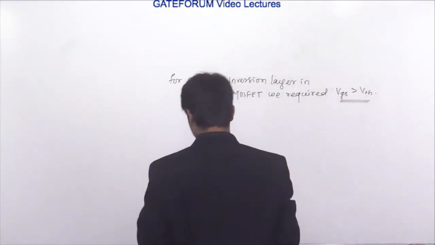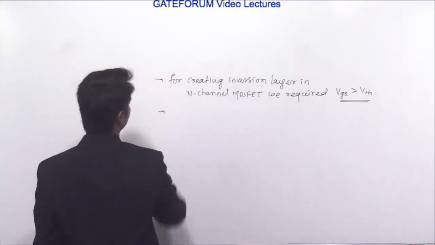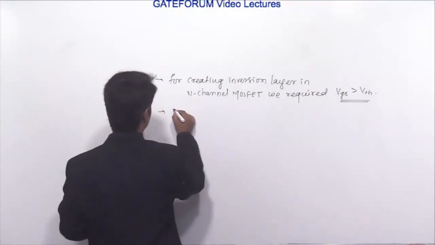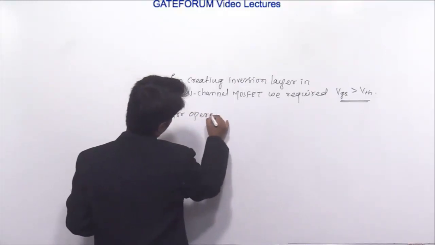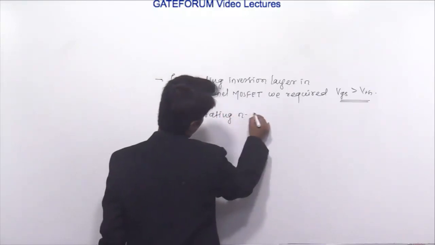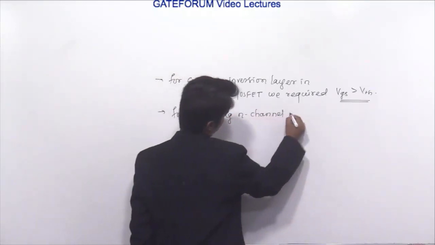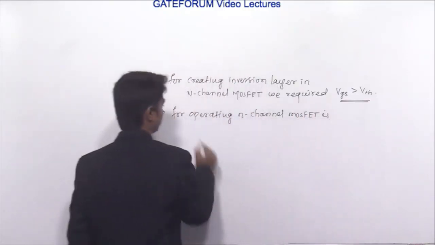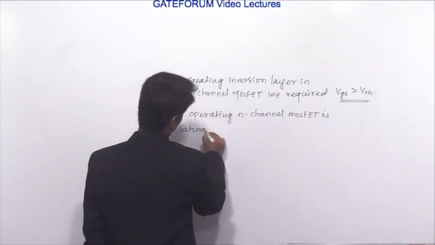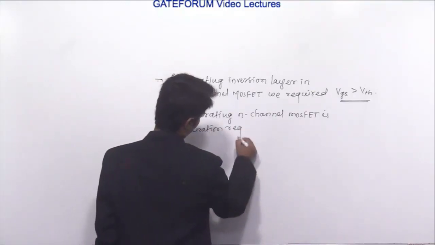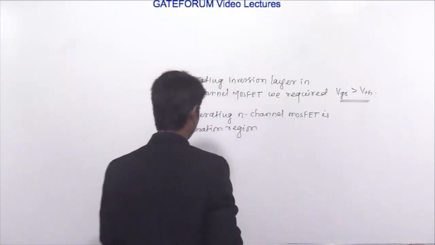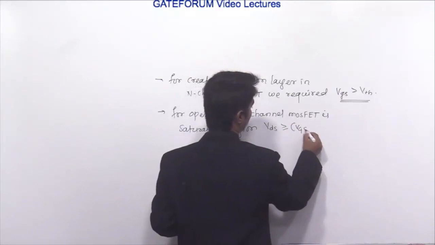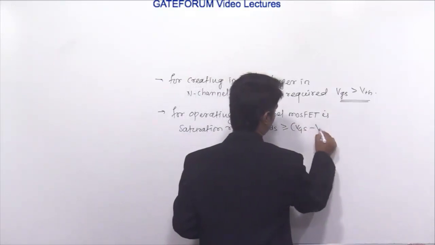It is required. Now, second, to operate the n channel MOSFET in saturation region, VDS should be greater than or equal to VGS minus VTH.